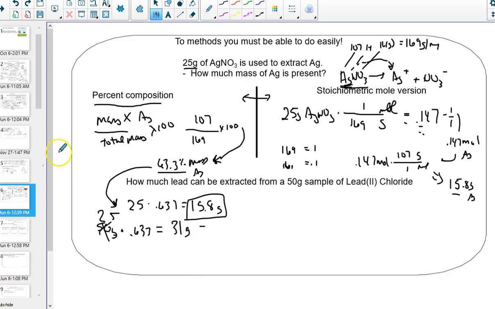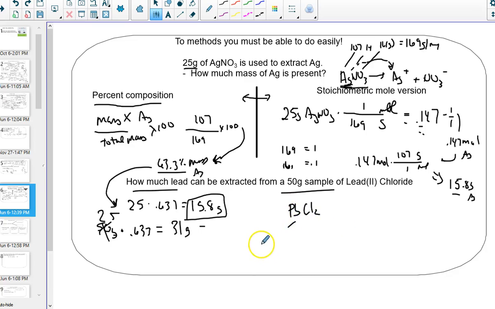Okay. Next, here's a sample problem. Decide which way you want to do it. Let's try a quick problem. Let's just do this when you pick one way. I'm going to do, let's do this way. Another example of that one. So PbCl2.